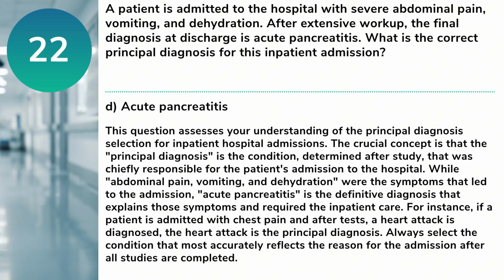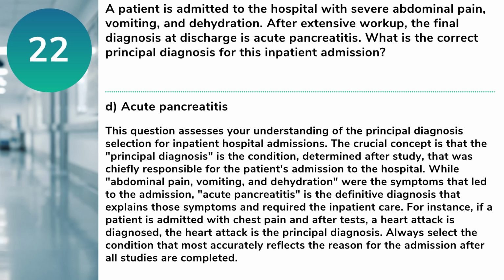Answer: D. Acute pancreatitis. This question assesses your understanding of the principal diagnosis selection for inpatient hospital admissions. The crucial concept is that the principal diagnosis is the condition, determined after study, that was chiefly responsible for the patient's admission to the hospital.